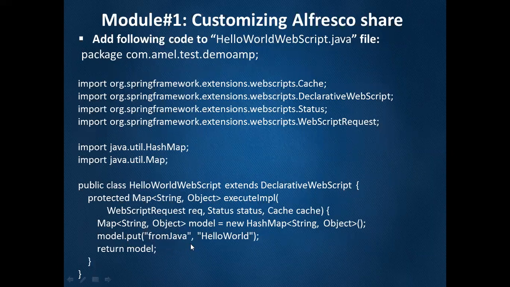And the value of this key, the message that will be displayed for this key, will be hello world. So the key that I give to my template file is fromJava, and when I give fromJava, it will display this message, hello world, using a Java backend web script and returning the model.